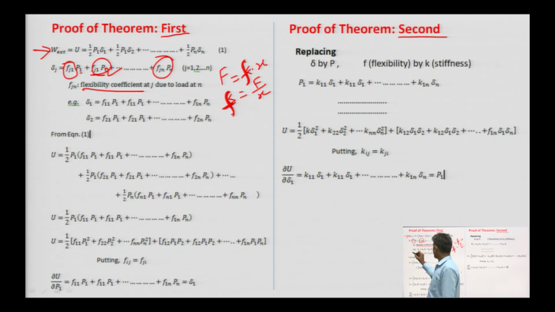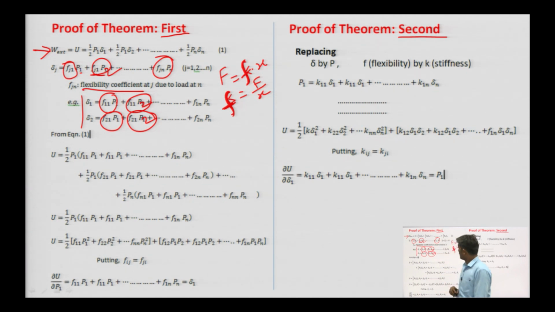So the displacement can be written as del 1, del 2. This part is the displacement due to load P 1, and this is actually P 2. Del 2 is the displacement at joint 2 due to load P 1, and this is again displacement at joint 2 due to load P 2.